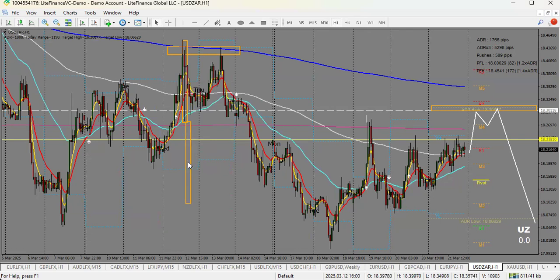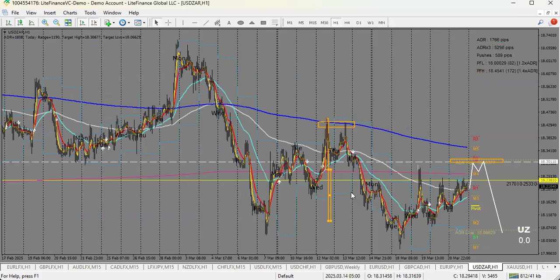So 1 times, 2 times, 3 times ADR. So almost there. So we will ignore this 3 times ADR for this last cycle. So since it's the average, we assume that this has now been completed.